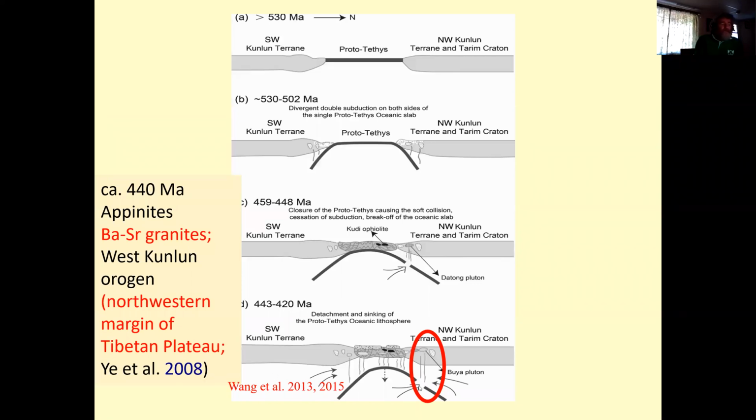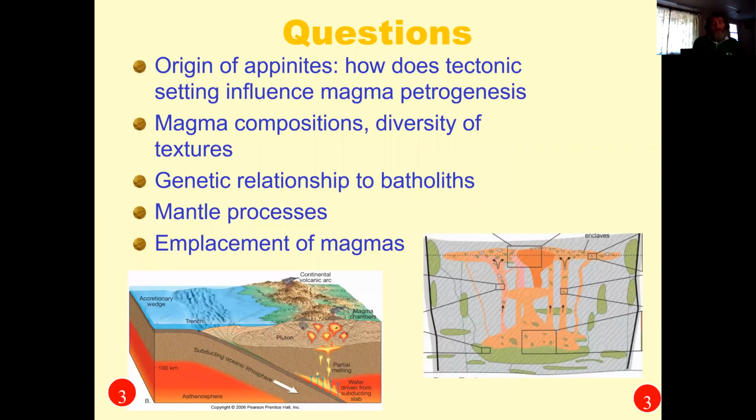And they invoke asthenospheric upwelling as a thermal trigger of some of these processes. In fact, I've seen studies, papers written on late Archean examples of appinites and coeval granitoid rocks, and using this model to infer that plate tectonic processes must have existed in the late Archean.